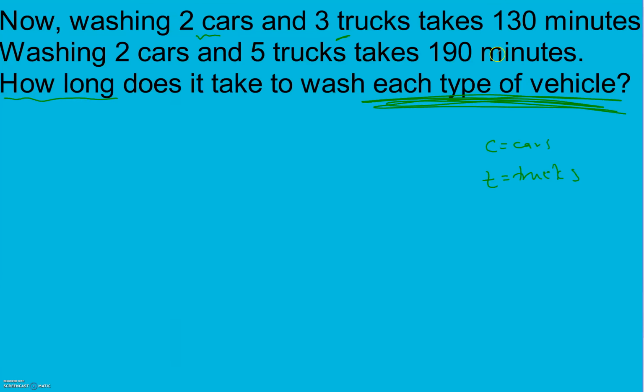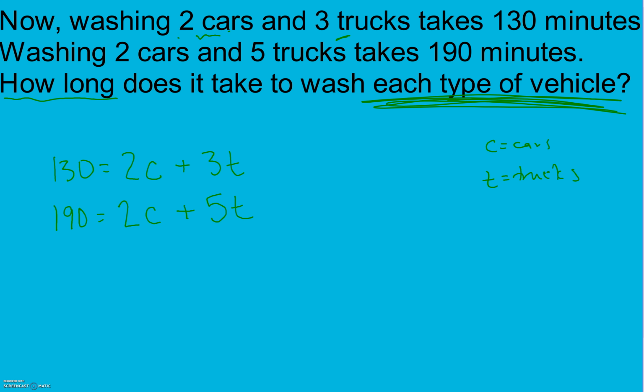So the 130 minutes is one of my times, and the 190 minutes is the other. For 130 minutes, I have 2 cars, so 2C, and 3 trucks, 3T. For 190 minutes, I have 2 cars and 5 trucks.